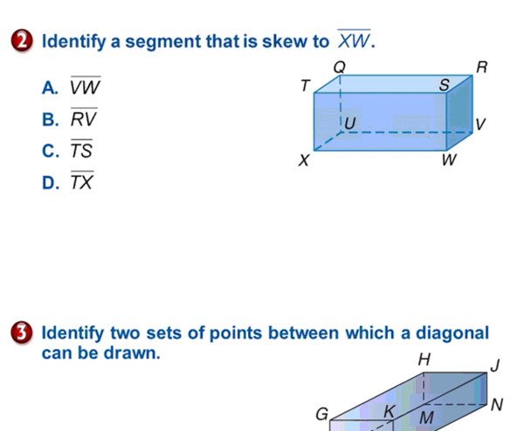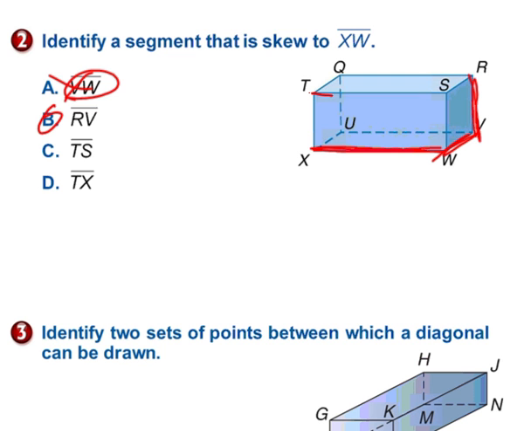Identify a segment that is skew to XW. XW is right here. I'm just going to check the ones they give me. I'm going to check VW. No, those intersect, so that's not it. RV looks like a possibility. We're going to keep checking.